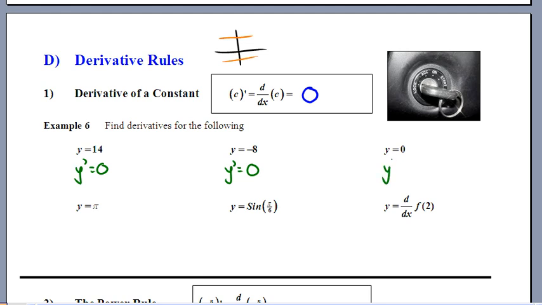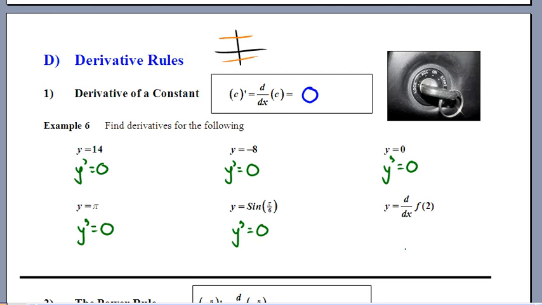All right, what's the derivative of 0? Well, that's a very boring graph, and its derivative is just as boring, 0. Even a nice irrational number like pi, the derivative of that, 0. This one, sine of pi over 6, like sine of 30 degrees, well, that's 0.5. Yeah, y equals 0.5. Flat line, derivative 0.